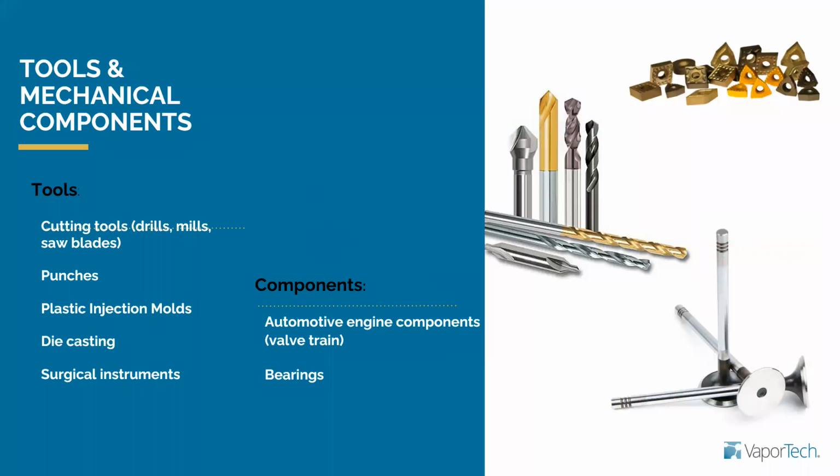All of that has to be taken into account, so it's a very aggressive application. Then surgical instruments, like drills and other components used in surgery. In terms of components, the more obvious are automotive engine components: the valve train, transmission components, bearings, gears, and so on. All of those can benefit from low friction as well as additional hardness to prevent premature failure.